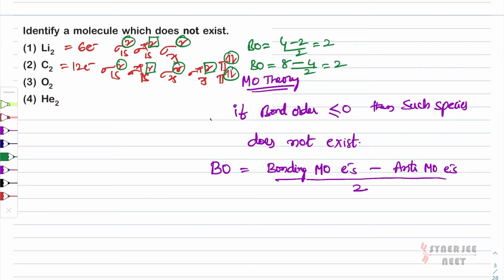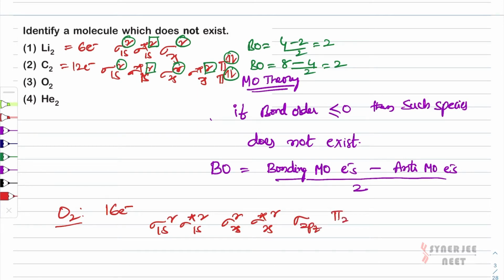Now O2, if you take O2 and write the electronic configuration, O2 has 16 electrons. If you fill 16 electrons: sigma 1s2, sigma star 1s2, sigma 2s2, sigma star 2s2, and up to here 8 electrons are over. Next sigma 2pz, pi 2px, pi 2py.